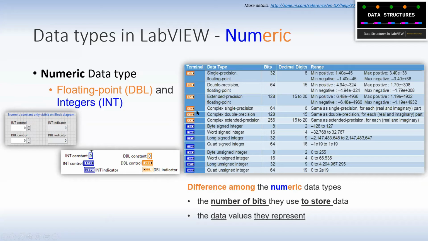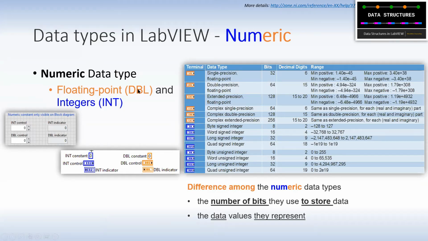So if you have applications which use very large numbers, like for example 6.48 raised to the power 4966, this long number it can store using this particular data type. When you put that numeric data type on your block diagram, you will only see two colors.